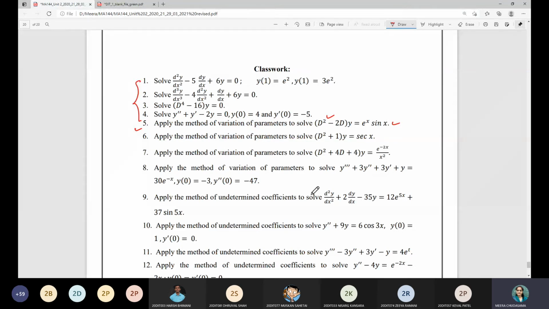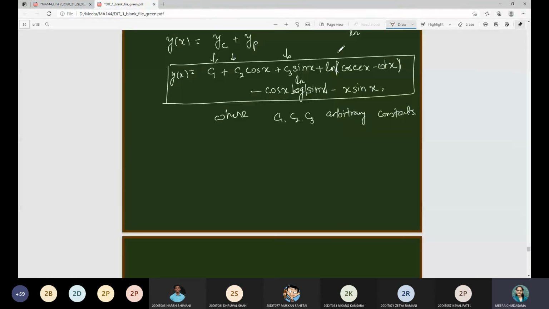Verify now the values of W, W1 and W2. Let me write it down. Ma'am, W1 is minus e raised to 2x and W2 is 1. What is W? W1 or W?